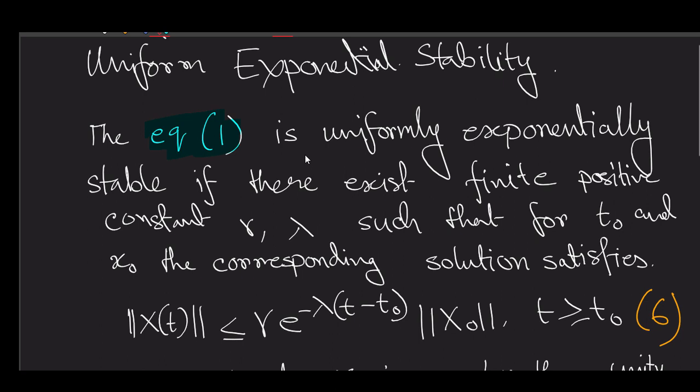Now what we are looking for in the coming discussion: uniformity means the bound exists and the bound is independent of your initial value, but it doesn't imply that your final state will converge to 0.